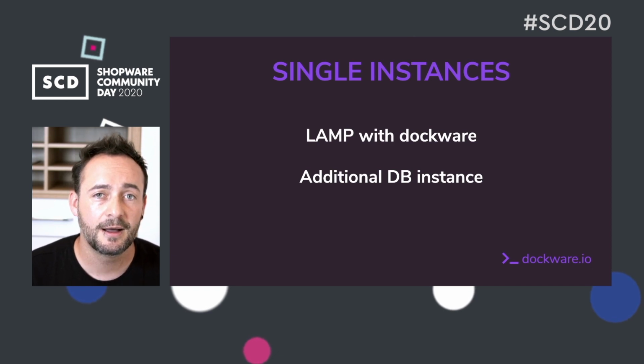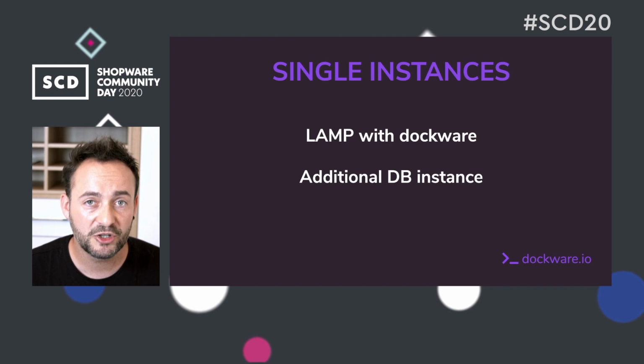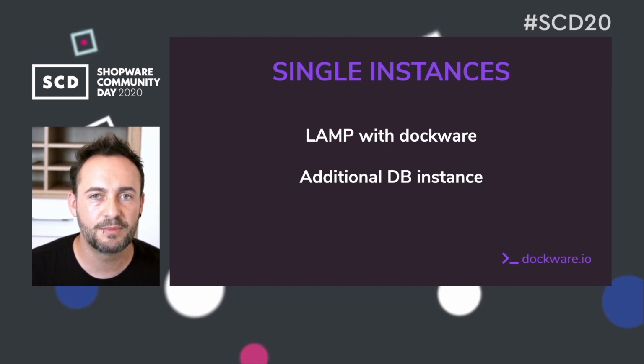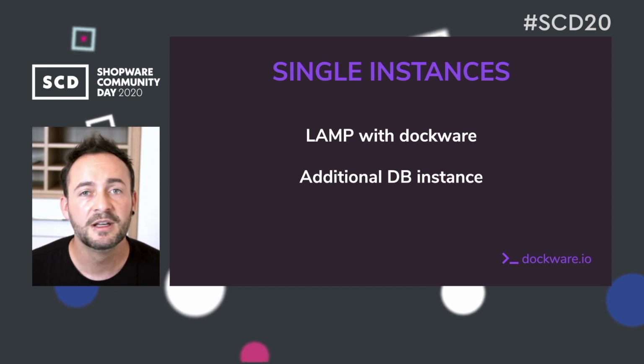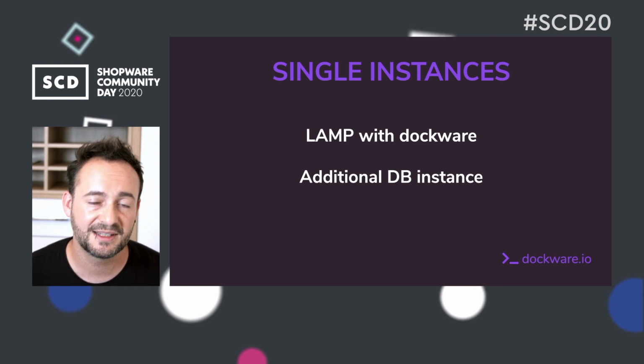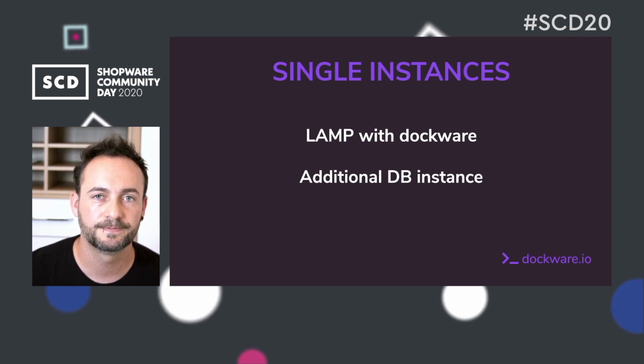One thing we like to do is to use an additional database image and container to separate it from our Shopware installation, and also use persistency. So we persist the database locally, just to avoid it's gone whenever we restart our containers.